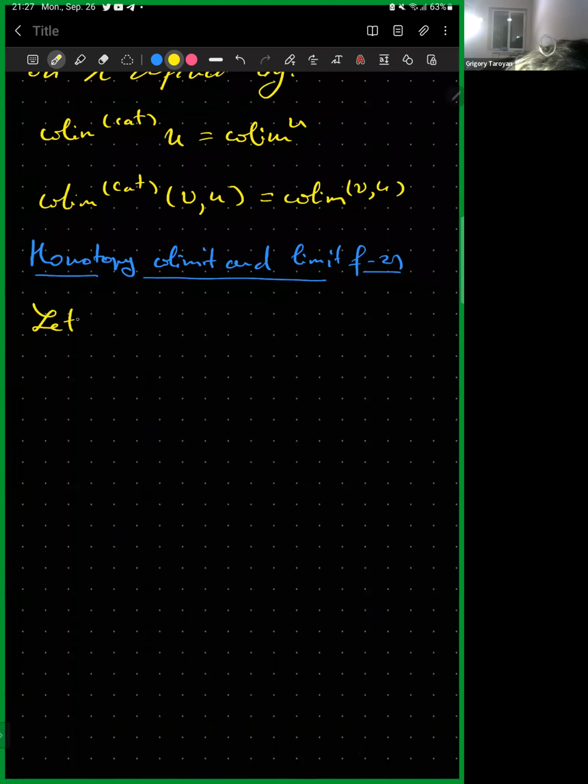So let M be a model K-square. And assume that D is some small K-square.